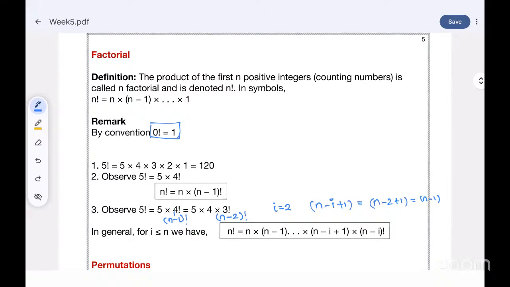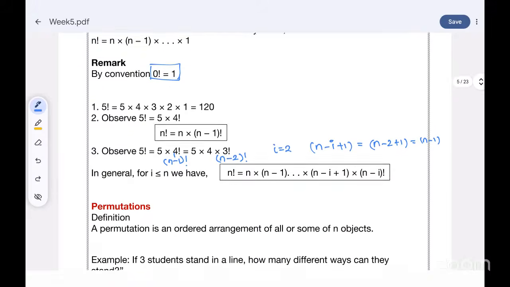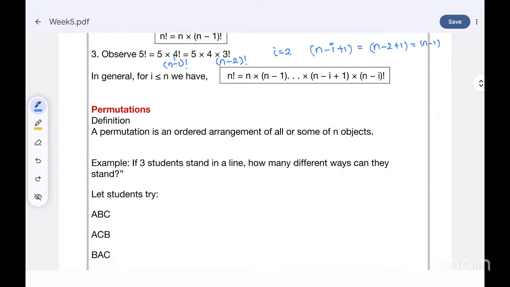All right. So now let us specifically look at the term permutations. What is meant by permutation? A permutation is an ordered arrangement of all or some of the given n objects, right? So for example, if 3 students stand in a line, how many different ways can they stand?